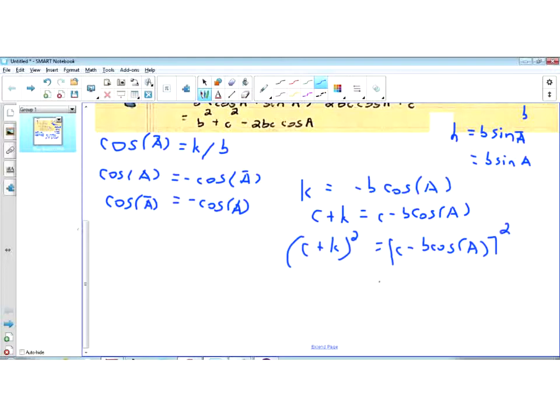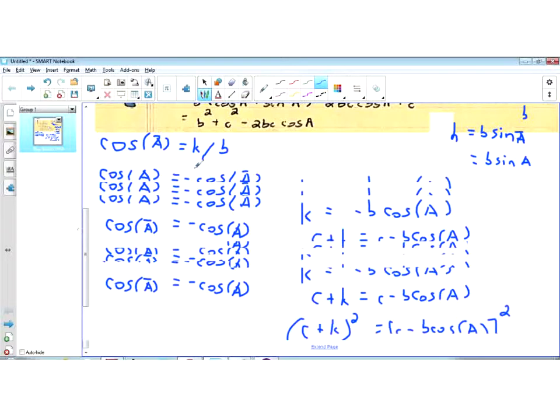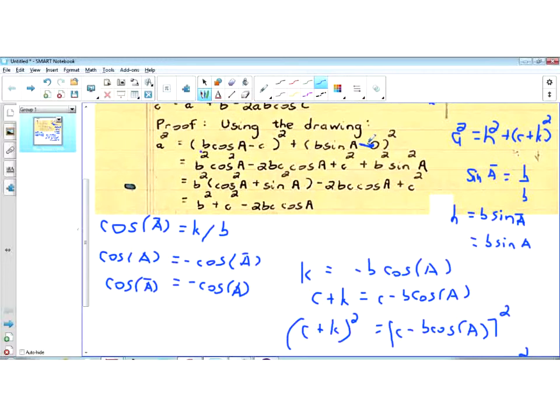Now, when you square a difference, it doesn't matter how you perform the subtraction, because the negative 1 will always square away. So these two quantities are the same. So here is an expression for C plus K. I'm doing it a little bit differently perhaps from the text, but we can go with this formula.